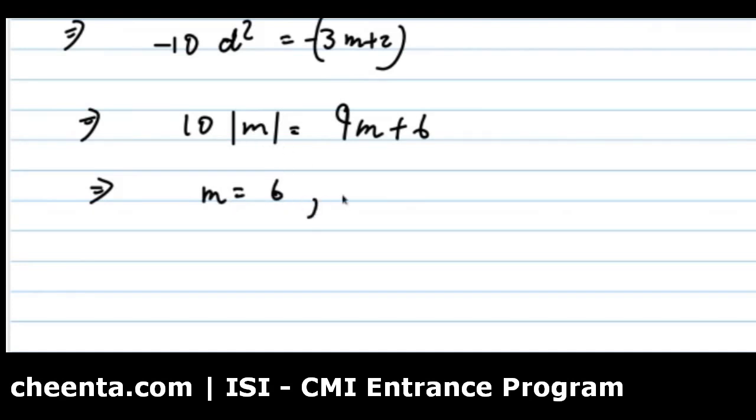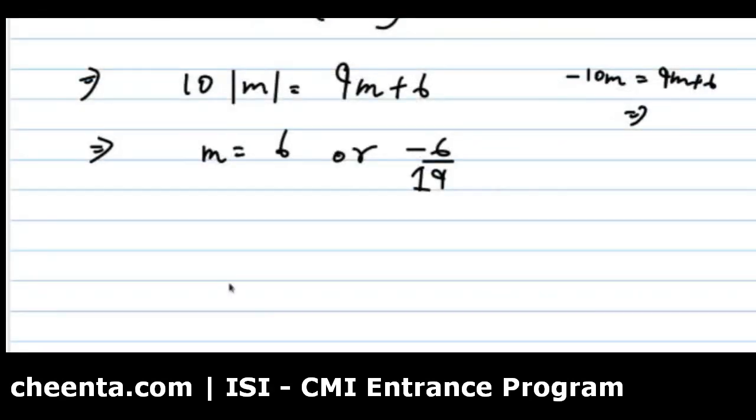And if we take minus m, then we get m equals minus 6 by 19. You can just check this: minus 10m equals 9m plus 6, so you just do this and we'll get minus 6 by 19. Right.